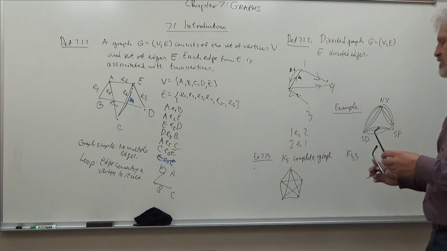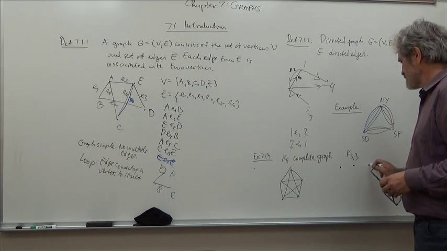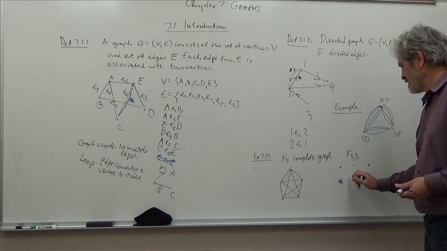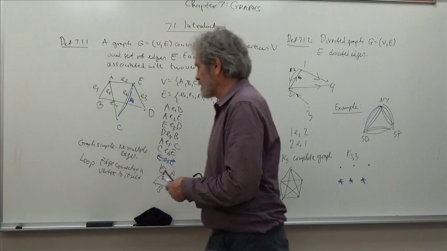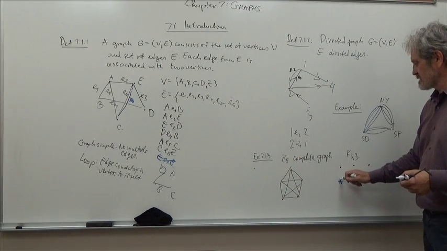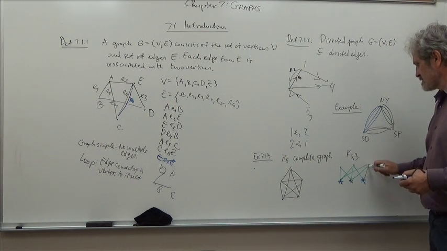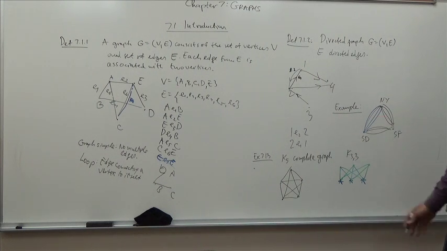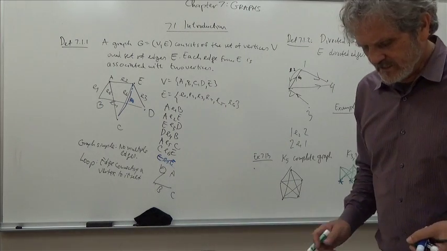But it's simple, so no vertex is connected with itself. And then K3,3 has 3 objects of one type, like black points, and 3 blue points. So there's a partition of 3 and 3, and everybody from one part is connected with everybody from the other. So each star is connected with all 3 dots. Of course that could be done with 2 and 5, so all kinds of partitions. These two are quite well known.